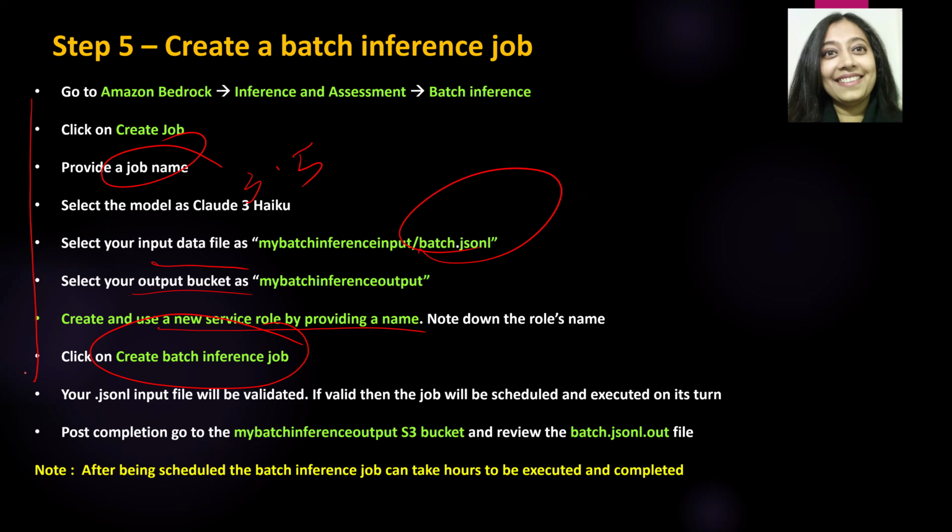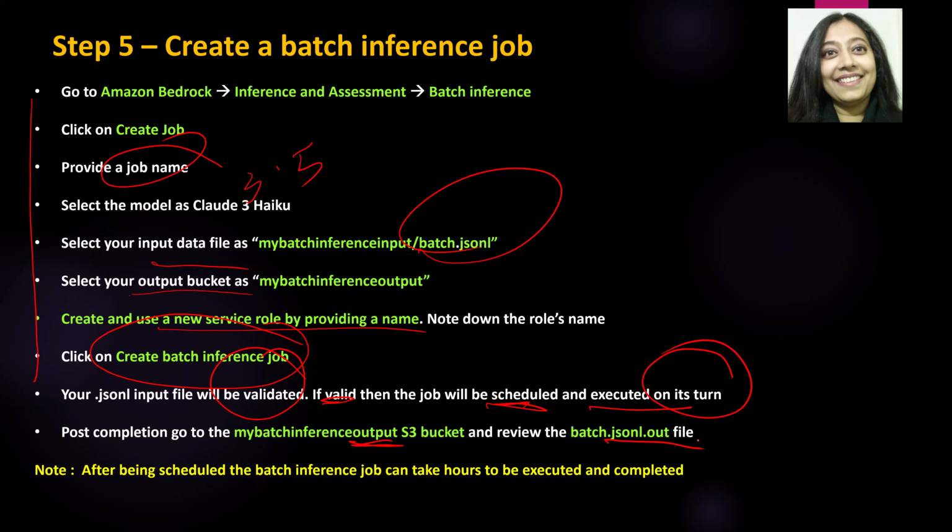Now, after you submit your job, your input file will be validated. And if it is valid, then the job will be scheduled and executed when its turn comes. After the job has been completed, we will go and look at our output bucket and review our jsonl.out file.